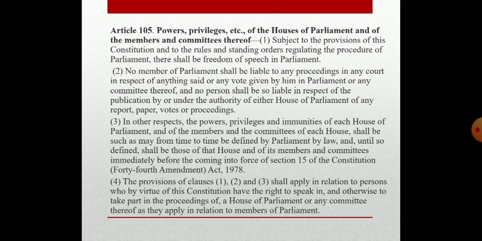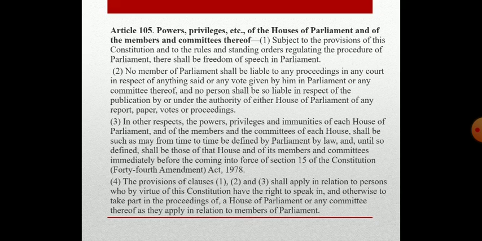So the inference we should draw from this positive dimension is the negative side. If anything is published without the authority of the Houses of the Parliament, then the Parliament can punish for the same. It can be either a contempt or whatever is held by the Houses of the Parliament, and accordingly the person will be punished.